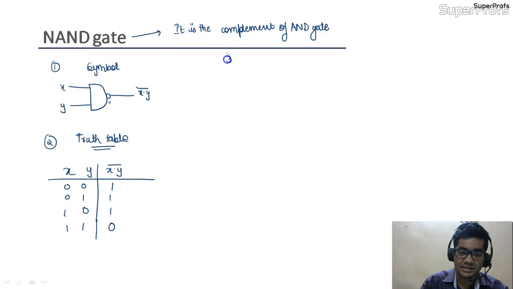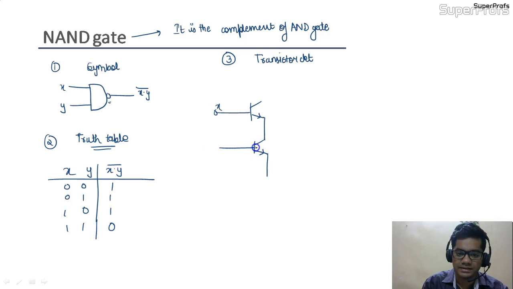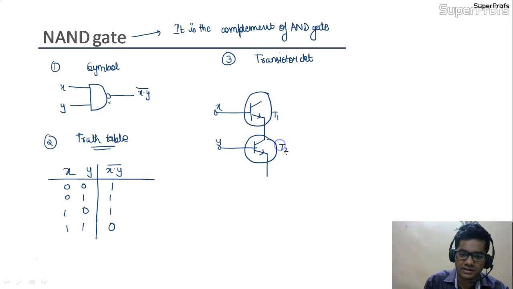And the transistor circuit for the NAND gate, students, see what should be the transistor circuit. For the transistor circuit we are connecting the transistors similarly to the AND gate connection. This is X, this is Y. This is our T1 transistor and this is our T2 transistor.